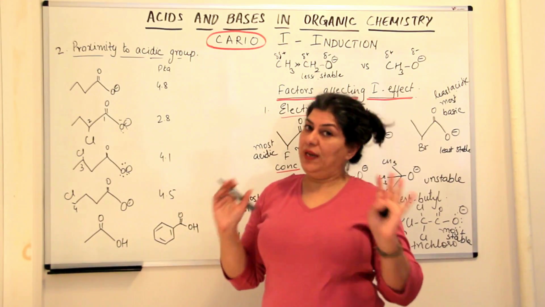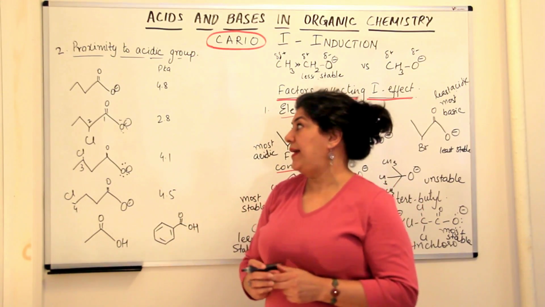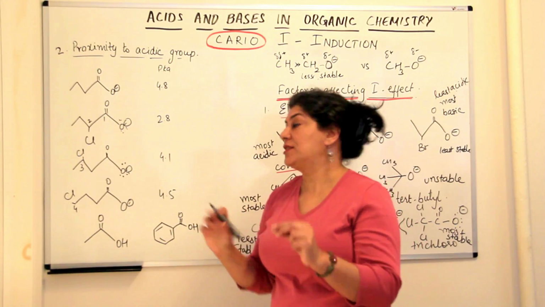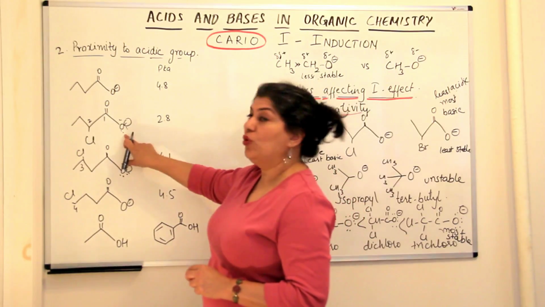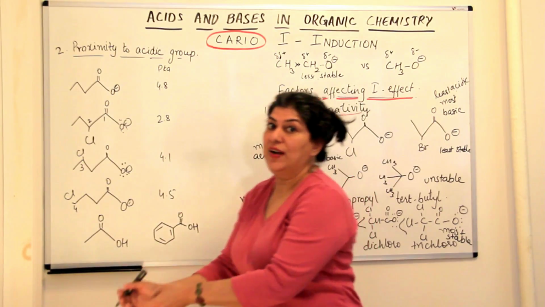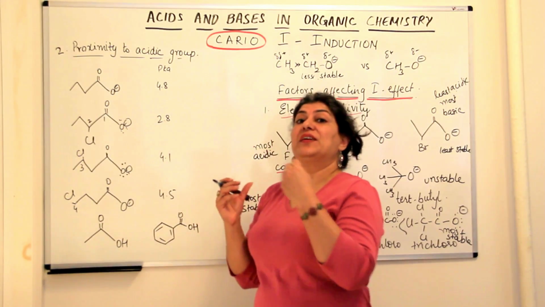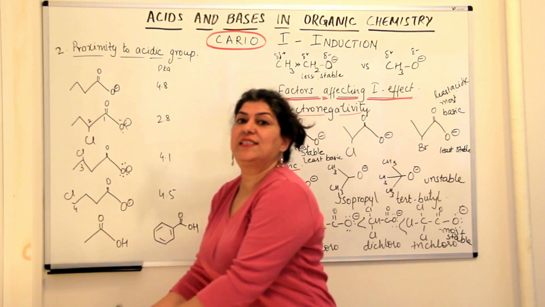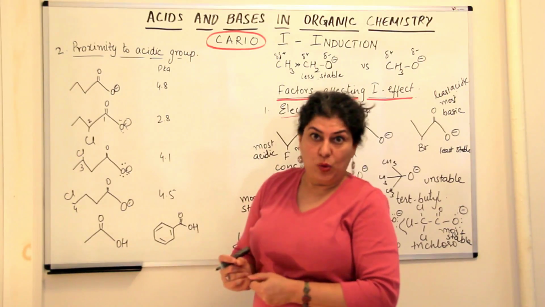Now let us see what we understand about their acidic character. The closer an electronegative atom is to the acidic group or to that lone pair of electrons, the sack of sand, the greater is the effect, since it is closer, it's easier for it to help out with lifting the weight.